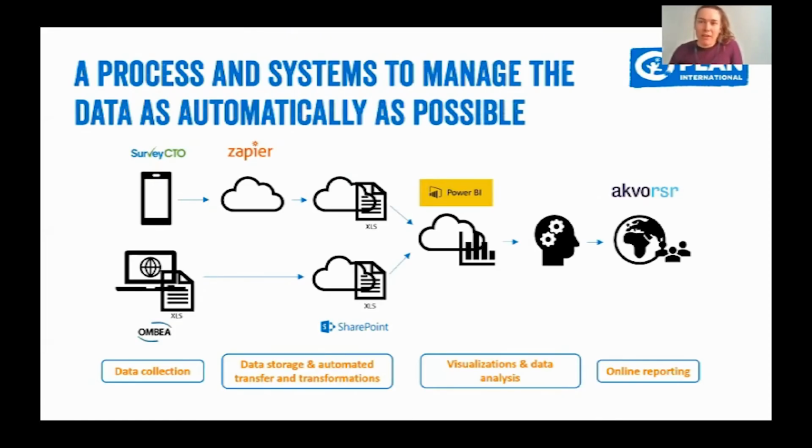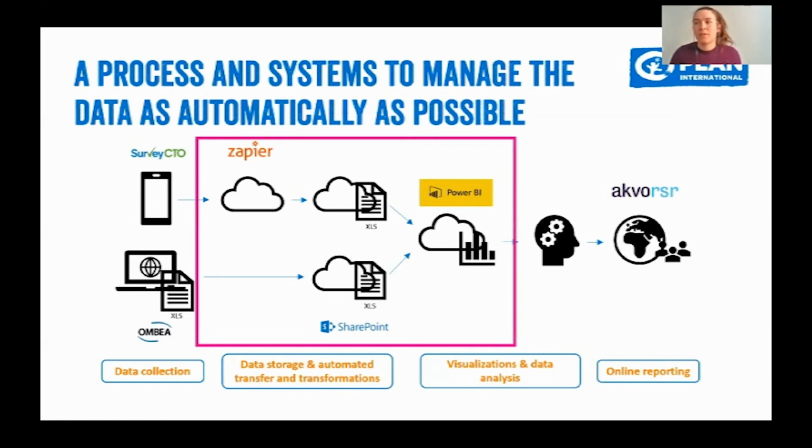We also have designed and put in place a process or a system to manage the data that comes in as automatically as possible. This means that the data storage and transfer is automated to the extent possible by using something called Zapier to export the data from this mobile data collection app to SharePoint automatically.